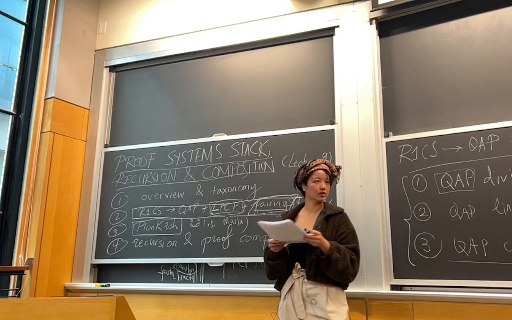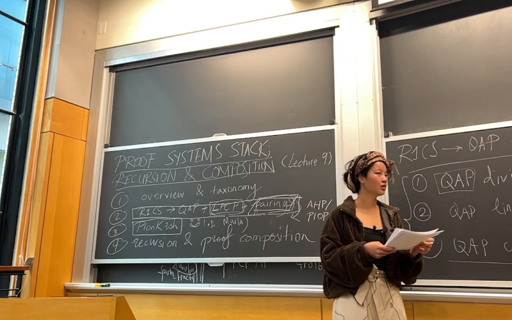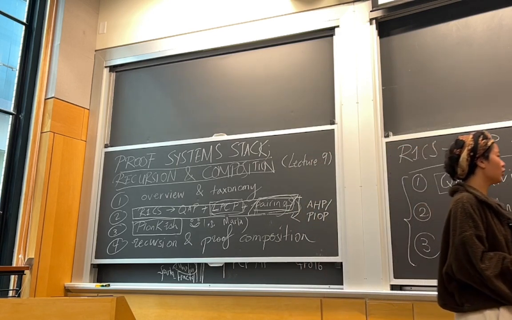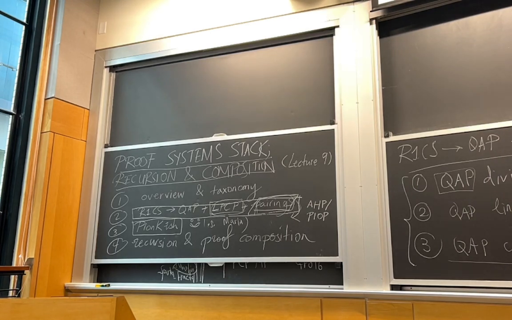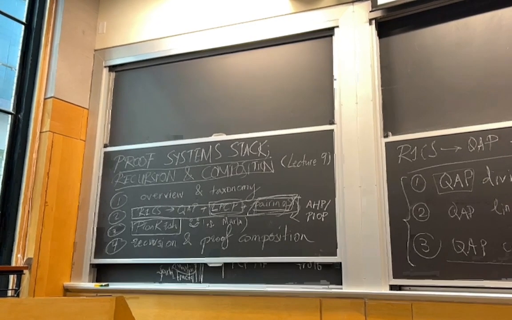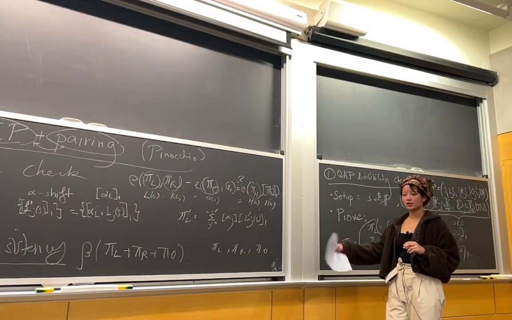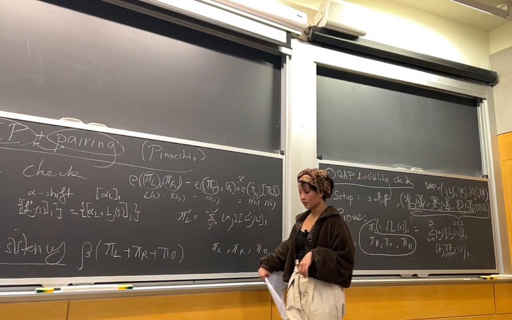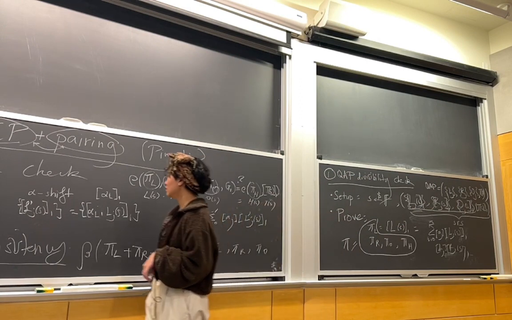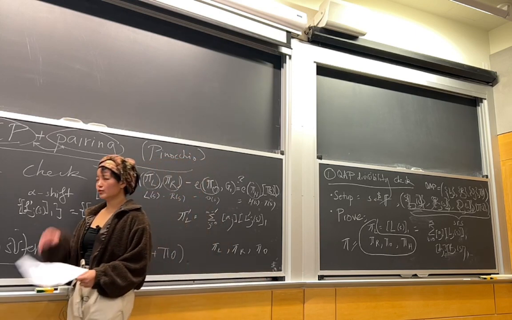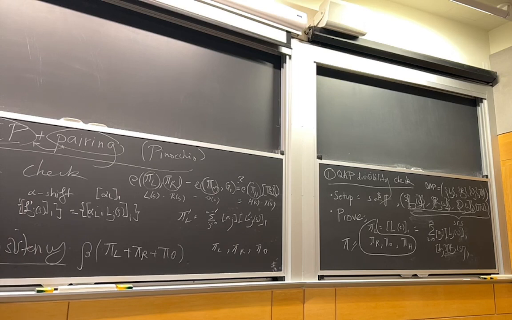Cool. Can you say that again? Why is it different here? Over here you're using the pairing check to check for all each. Oh yeah. So the question is how are pairings used in Plonk versus in, for example, Pinocchio? So in Plonk, you actually don't even need a pairing check. If we swap out a polynomial commitment scheme, for example, if we used a bunch of Merkle hashes, it would do the job equally well. Now, the Plonk paper happens to use the KZG polynomial commitment scheme, which has a pairing check at the end.